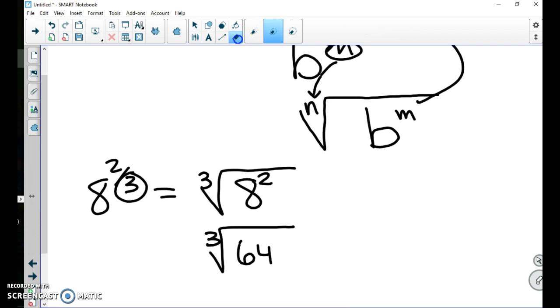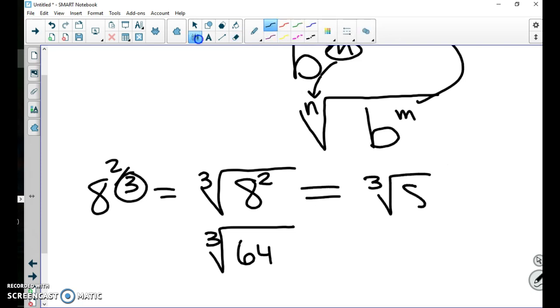Well, is that as easy as the other option? We could also do this. This is the same as the cube root of 8. We could take the cube root first and then square it. These are equivalent.